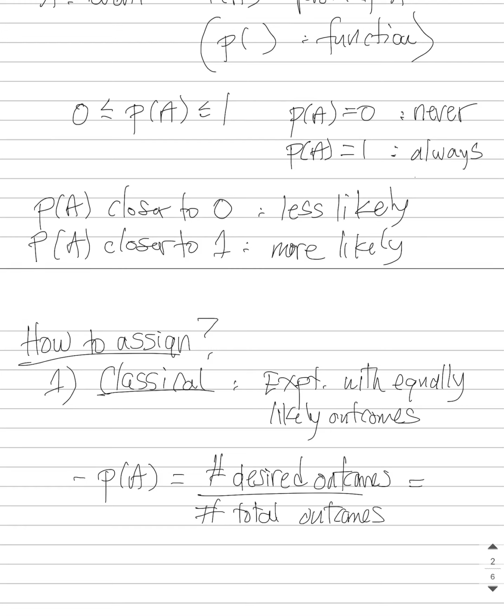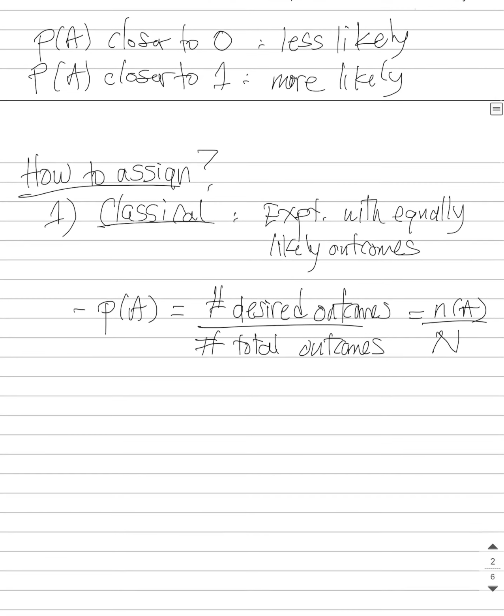The notation that I'm going to use is N of A, the number of outcomes in event A, and capital N will stand for the total number of outcomes. This classical definition works when your sample space is pretty straightforward. For example, if you flip a coin, the sample space is heads or tails, and here N would be 2.